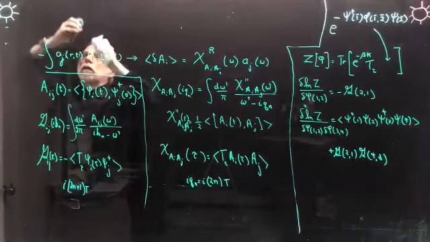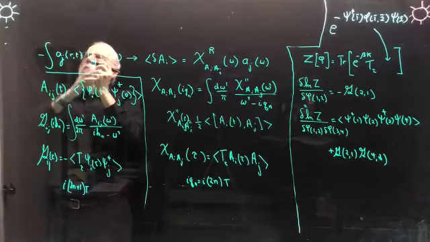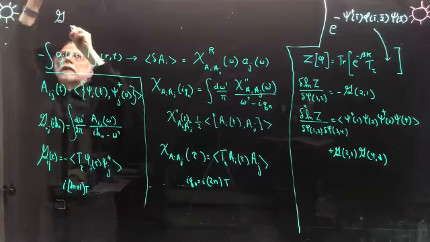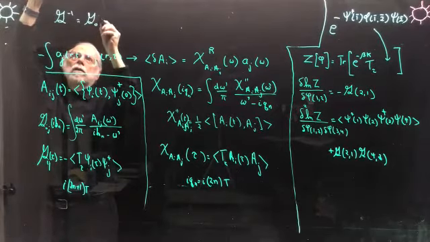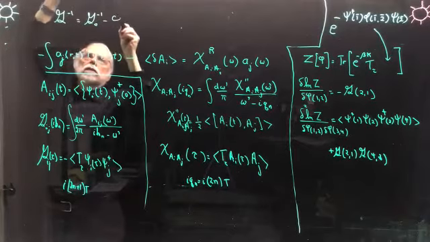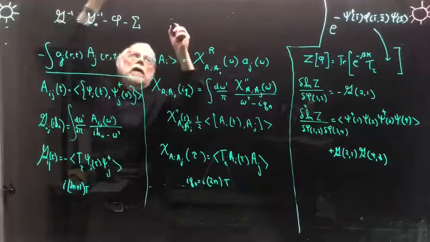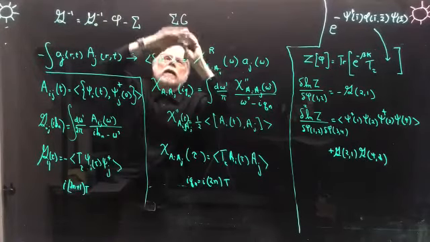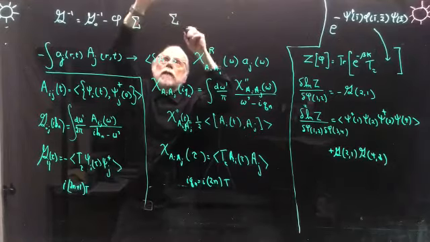So now again, always working in the Majorana formalism, I can find out that G inverse is G0 inverse minus phi minus sigma, where sigma times G came from the equations of motion.